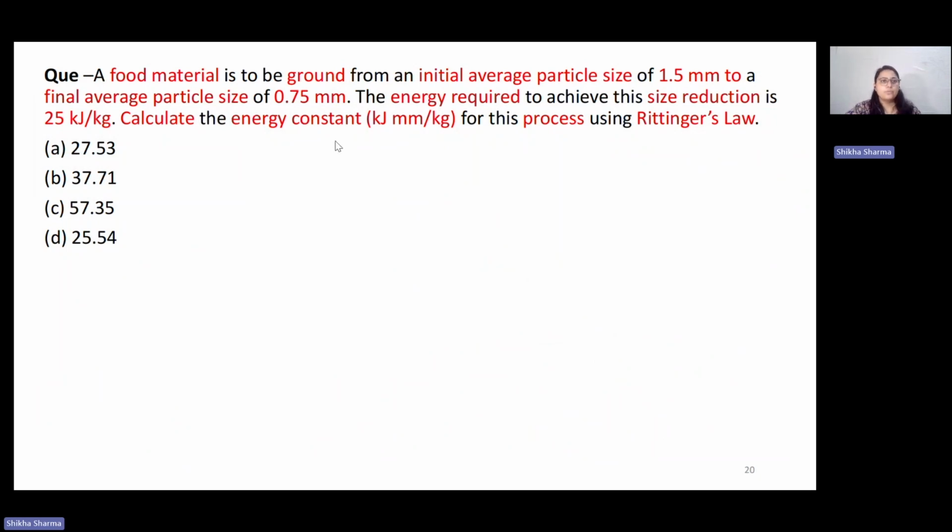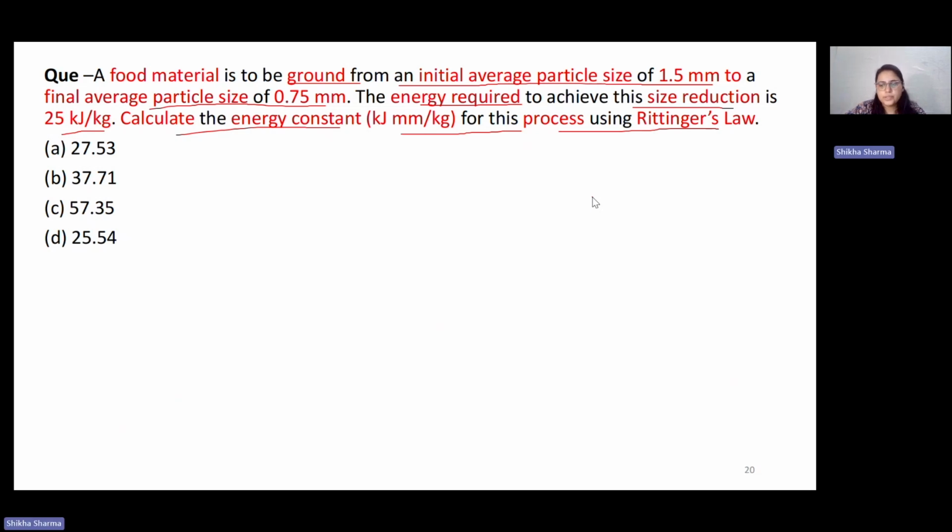A food material is to be ground from an initial average particle size of 1.5 mm to a final particle size of 0.75 mm. The energy required to achieve this size reduction is 25 kilojoule per kg. We need to calculate the energy constant in kilojoule mm per kg for this process using Rittinger's law.